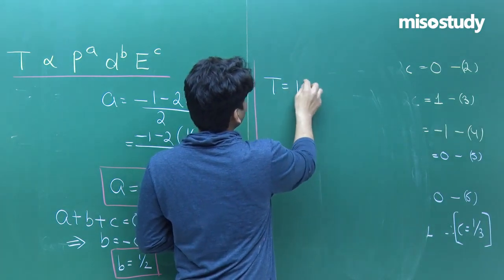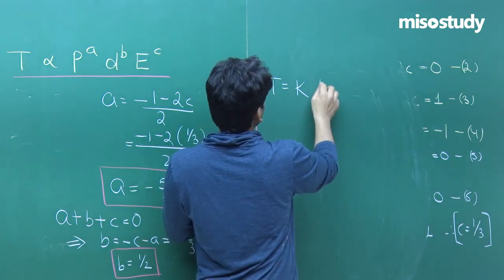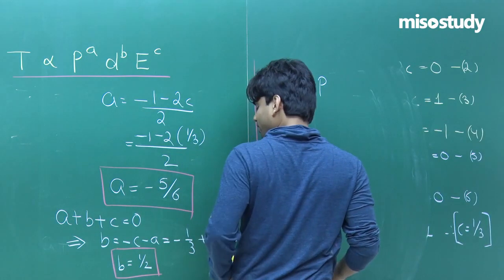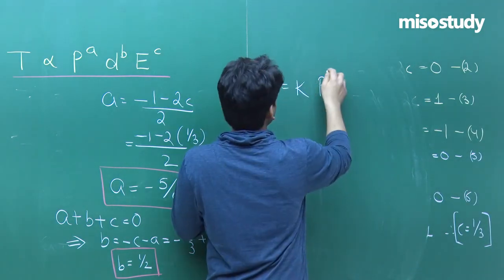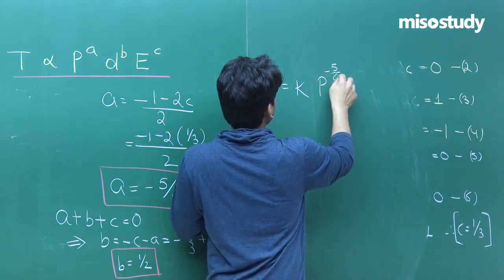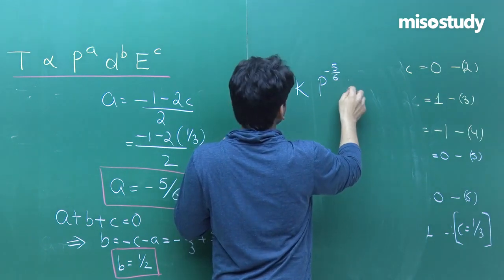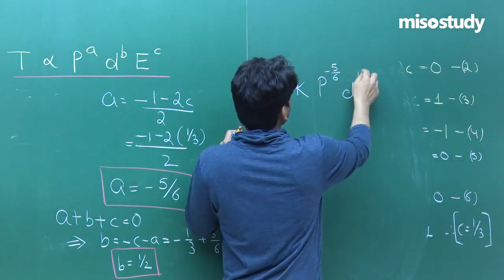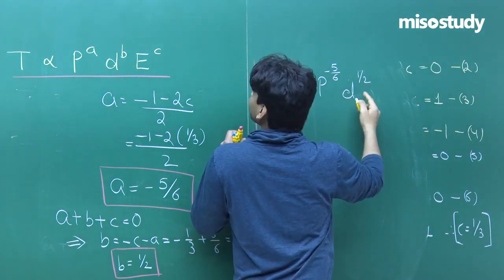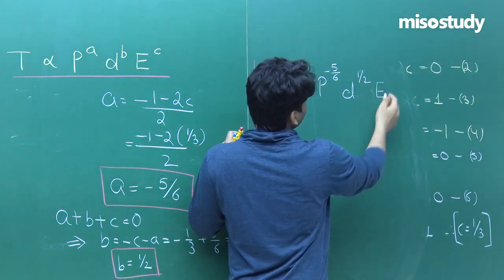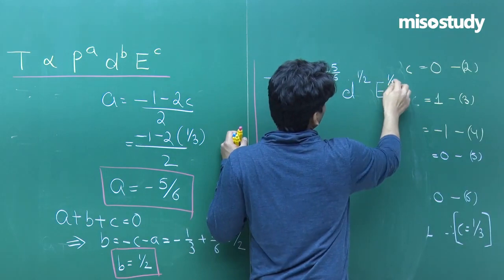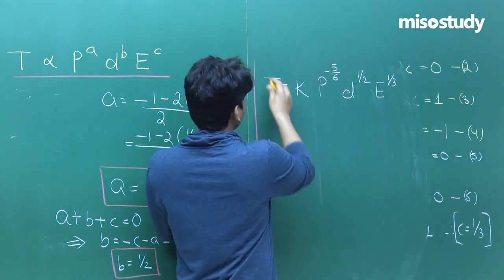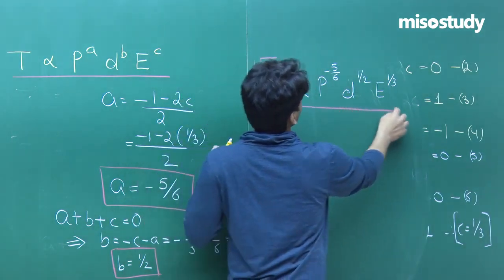T will be equal to K times pressure to the power A, where A value we have evaluated as minus 5 by 6, and density to the power B, where B value is 1 by 2, and then energy to the power C, that value is 1 by 3. So energy to the power 1 by 3. This is the relation that we are looking for.